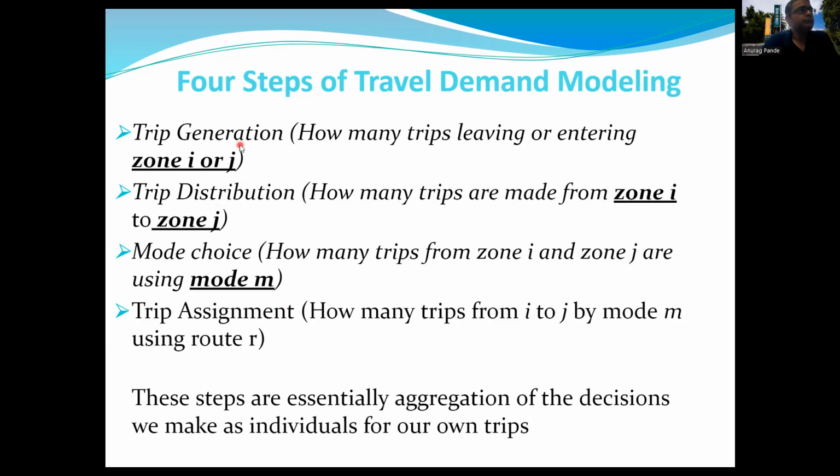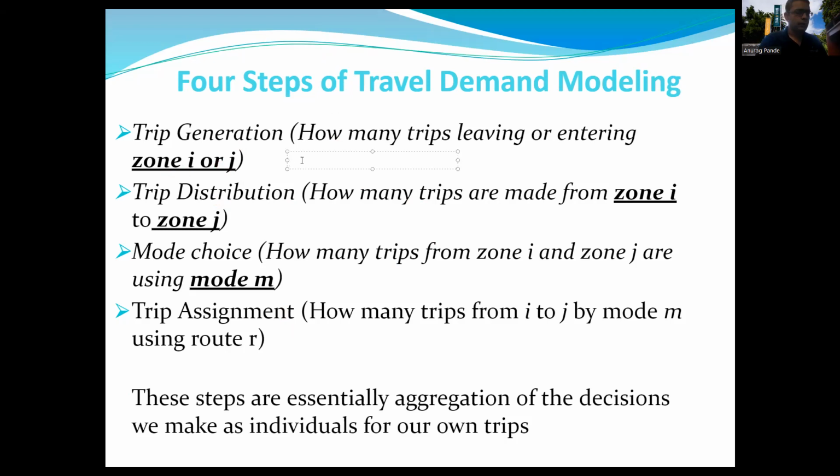Trip generation. Here we make an estimate of how many trips are leaving or entering a zone I or zone J. So when we are doing travel demand forecasting process for a region, for a city, for a community, we divide the region into what we call traffic analysis zone, or TAZ.